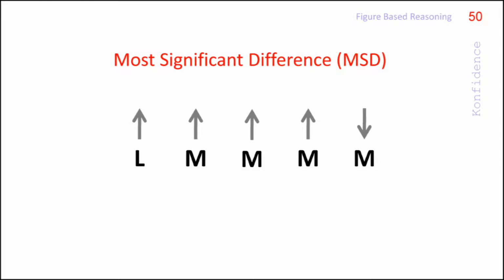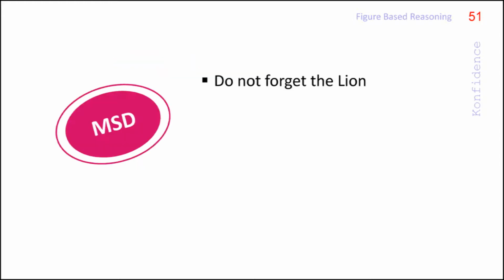The second is a monkey looking upwards. The third is a monkey looking upwards. The fourth is a monkey looking upwards. And finally, we have a monkey looking downwards. Now, identify the odd man out.